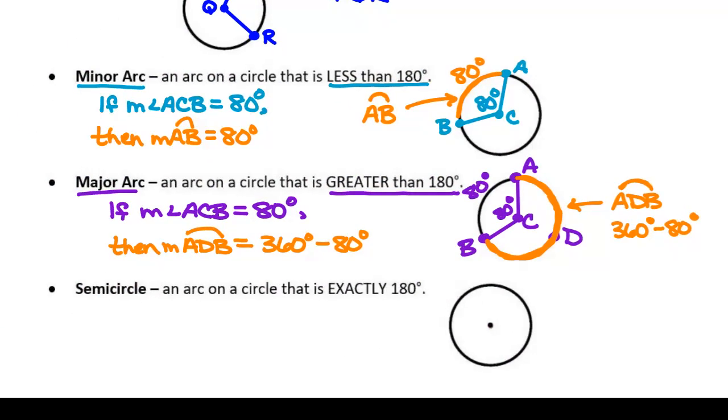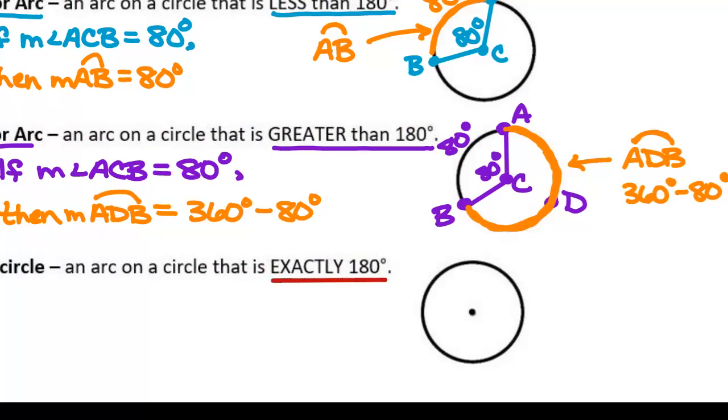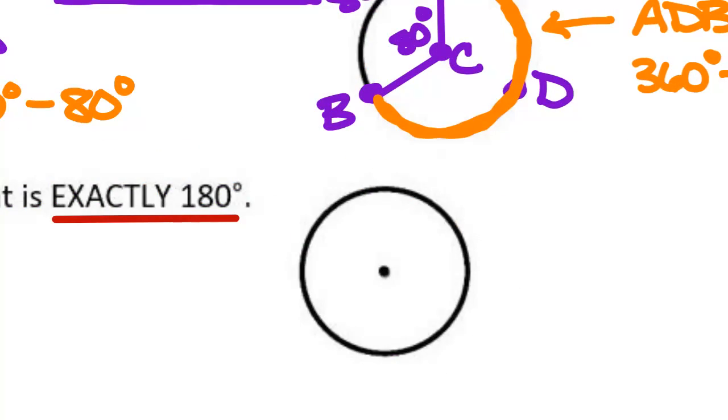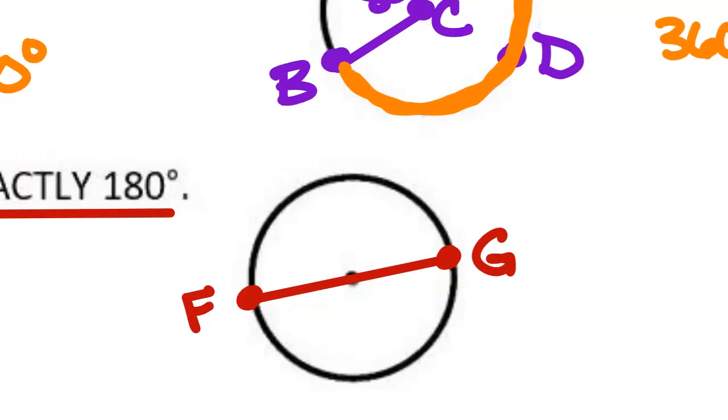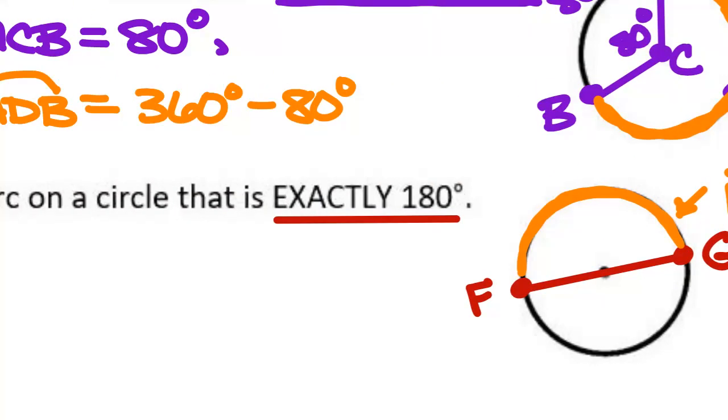And then we have a semicircle. A semicircle is exactly 180 degrees. So a semicircle is formed by a diameter. We're going to call this diameter FG. So then this would be arc FG. And the measurement of arc FG is 180 degrees.